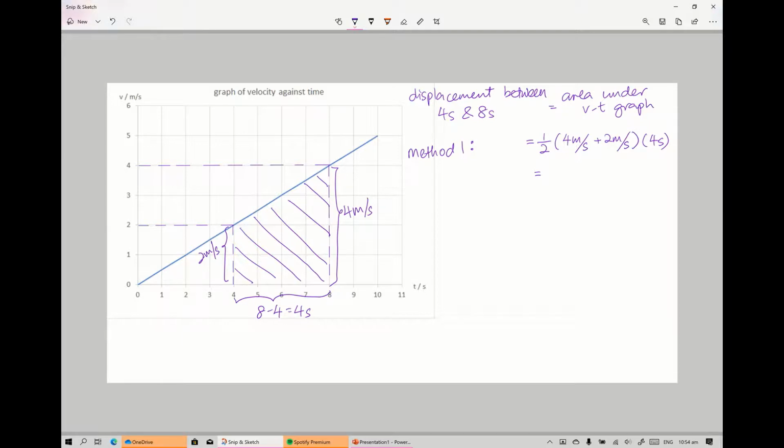Step by step, half times 6 meters per second times 4 seconds, cancel, you get 12 meters. So method 1, you can just use the area of a trapezium.